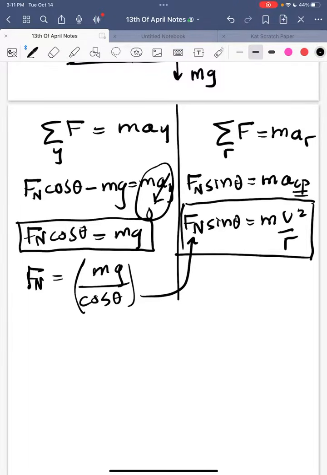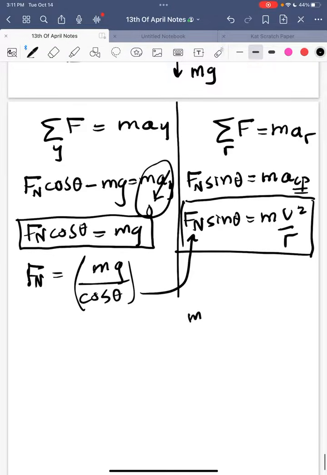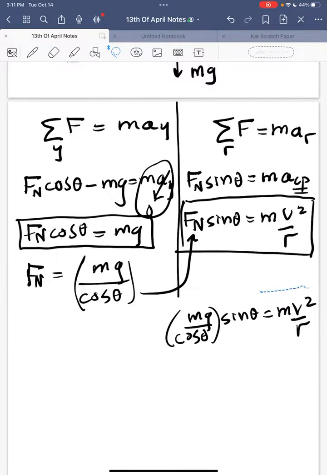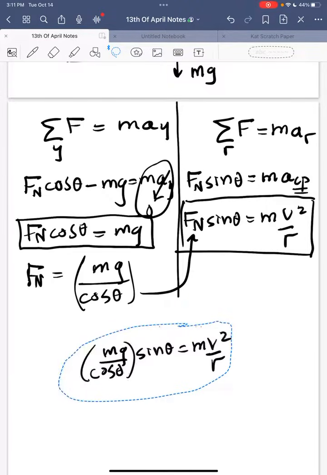That will allow me to eliminate this variable of the normal force. So let's write that. I'll say mg over cosine theta times sine theta. So I just inserted that equals mv squared over r. So that's a good equation that I can make some progress with. Let's move it over to the center here and work on it a little bit.